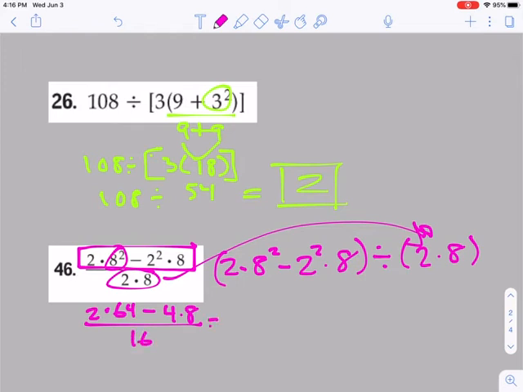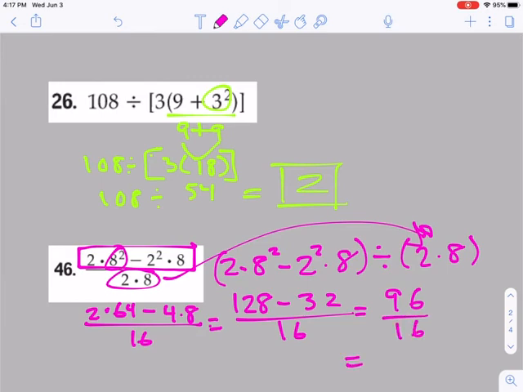Now 2 times 64 is 128, and then minus 32, over 16. Then you just do 128 minus 32, which gives you 96 divided by 16. And then you get a nice, neat number, 6.